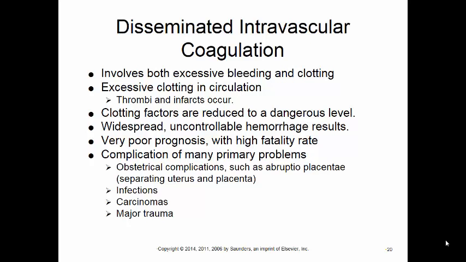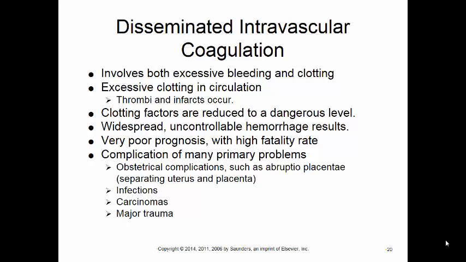It is a complication of many primary problems, such as obstetrical complications, such as during pregnancy, which can lead to separation of the uterus and the placenta, infections and carcinomas, and then major trauma.